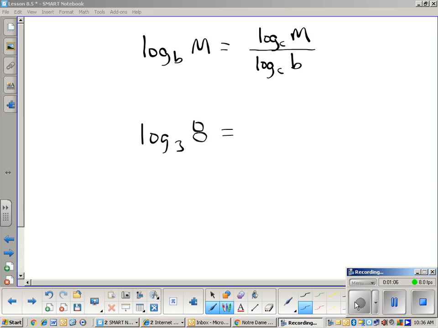Mrs. Mills and I both agree that even though these calculators will do this the way it's written, we're going to have a question at least that requires you to show that you can use a change of base formula to do it. So, in other words, you're going to have to show us how you would rewrite this using base 10 and then going from there.